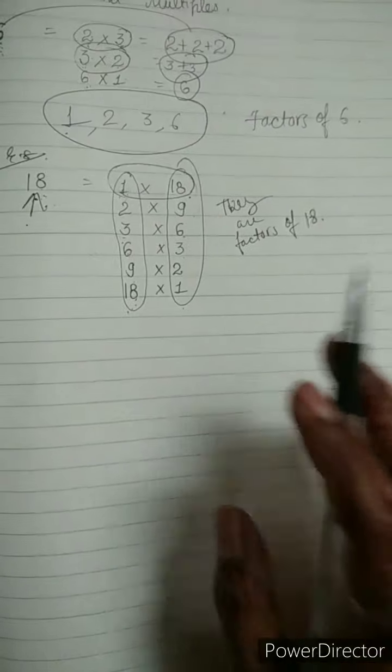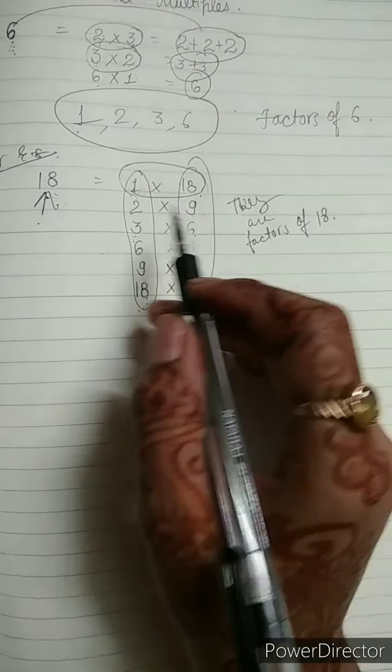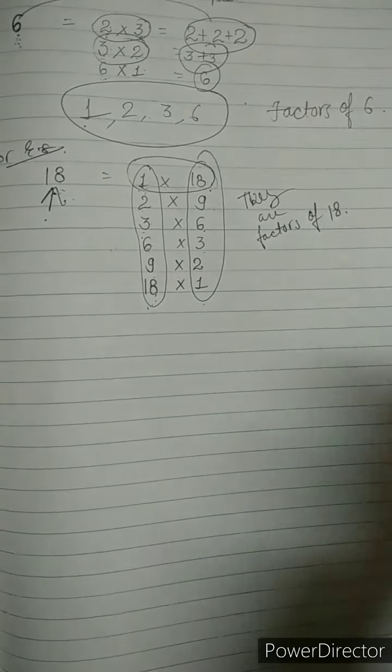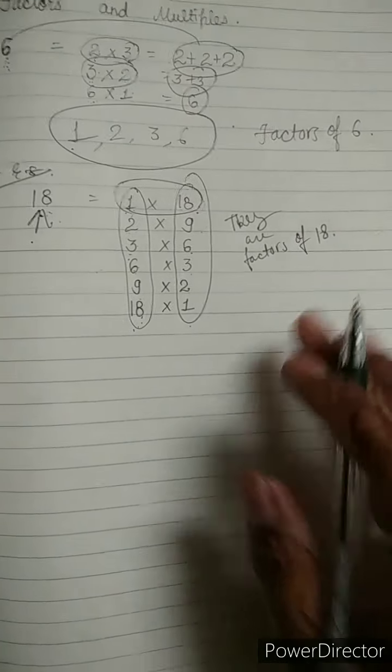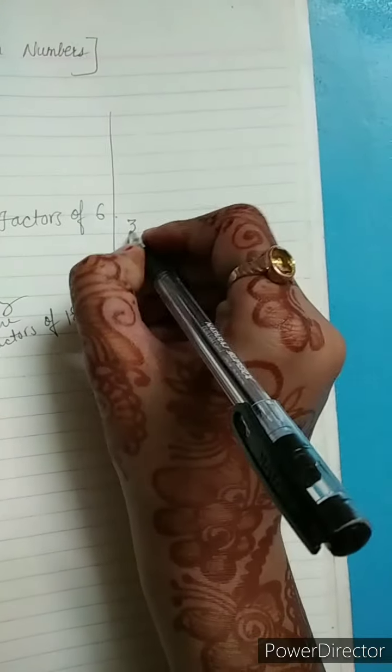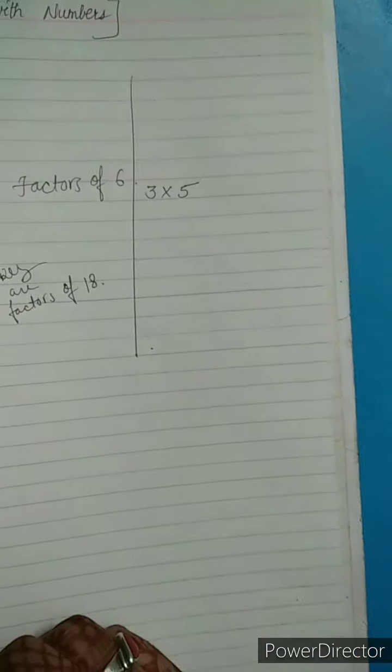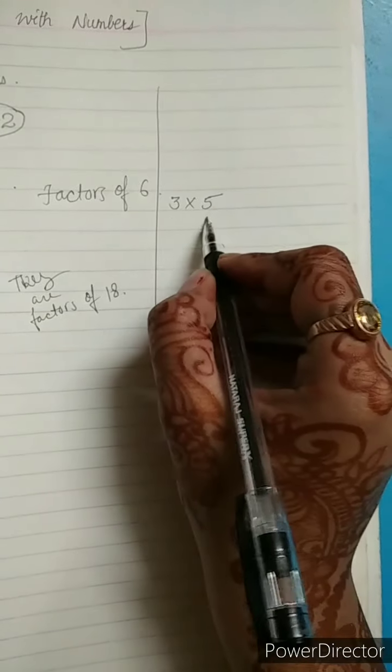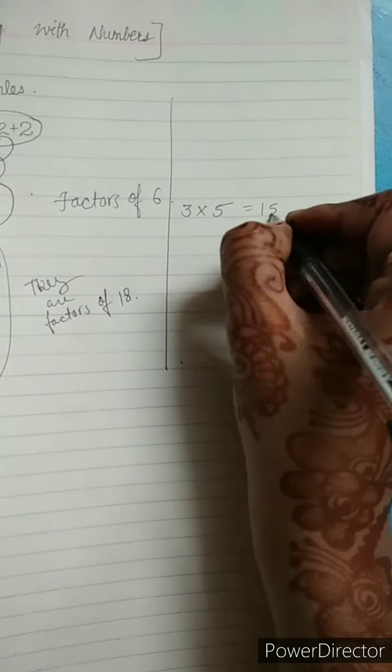So when we multiply any two numbers, what we get is called a multiple of those numbers. What I said, if I multiply 3 and 5, so 3 5s are 15.